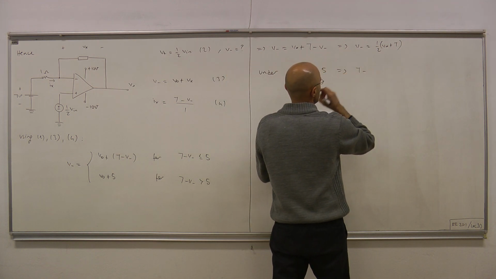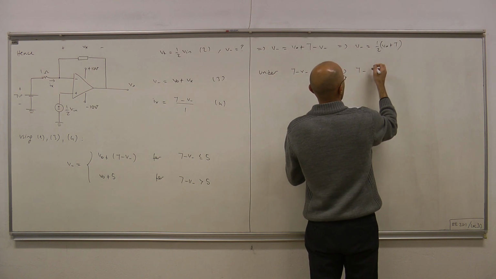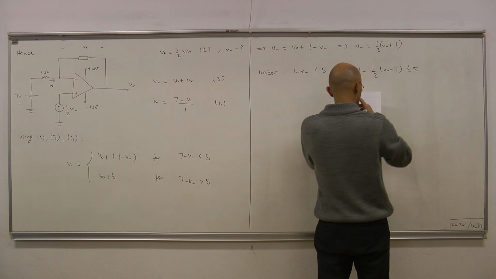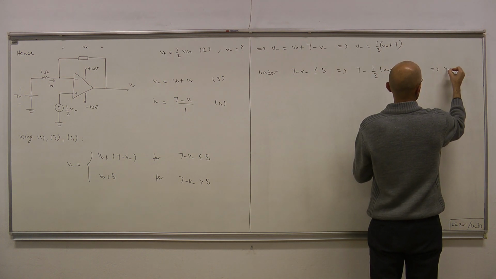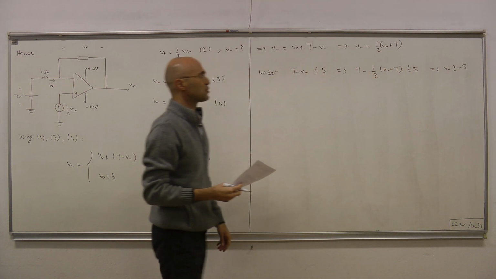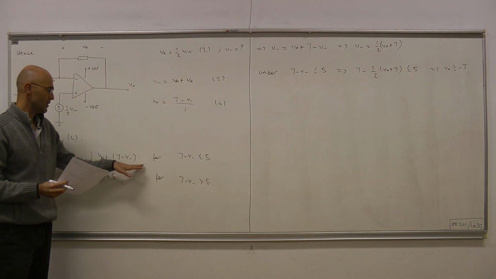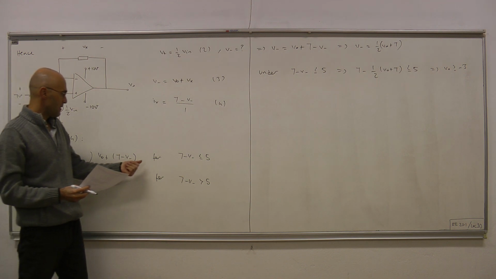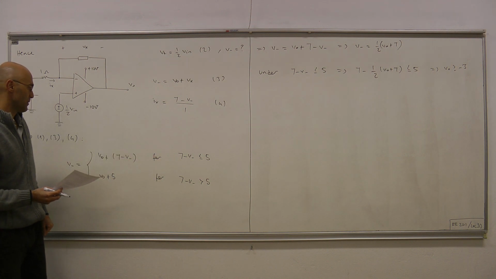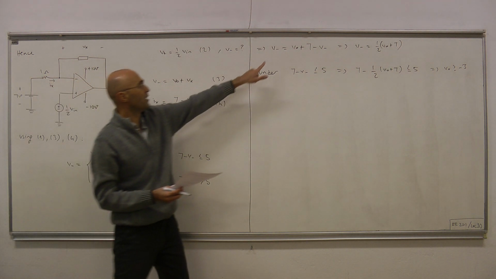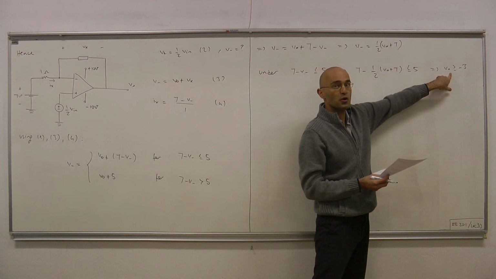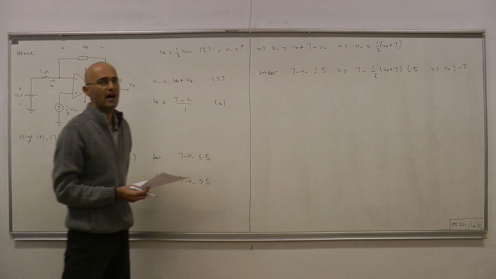Therefore, 7 minus 1/2 V out plus 7 less than or equal to 5, and that means V out is greater than or equal to minus 3 volts. So we have cleared the ambiguity with the first expression on top. Now we have V minus in terms of V out under a condition which also is entirely in terms of V out.